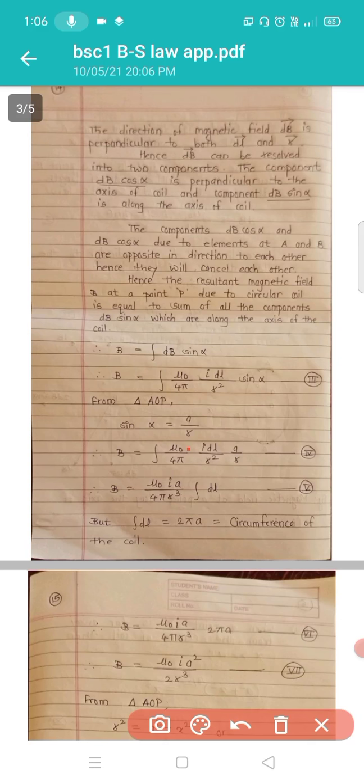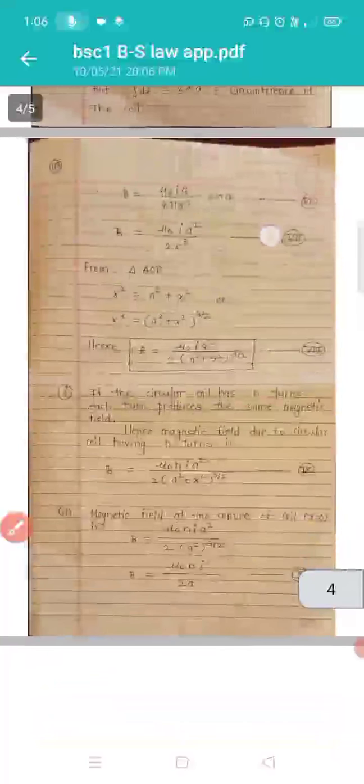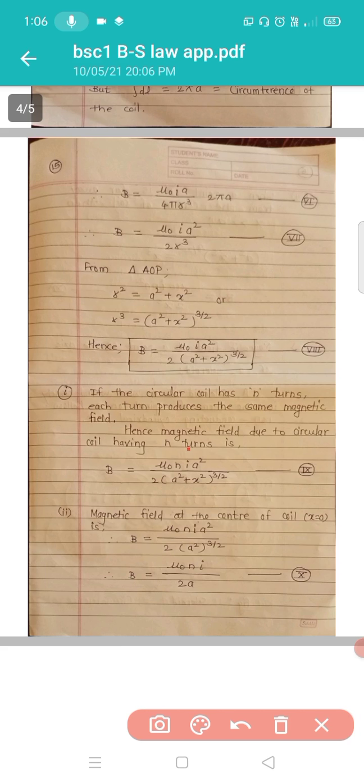But the integration of dl is 2 pi a, which is the circumference of the coil. Then put the value of integration of dl. We get B is equal to mu naught I a upon 4 pi r cube into 2 pi a. By rearranging we get B is equal to mu naught I a square upon 2 r cube.